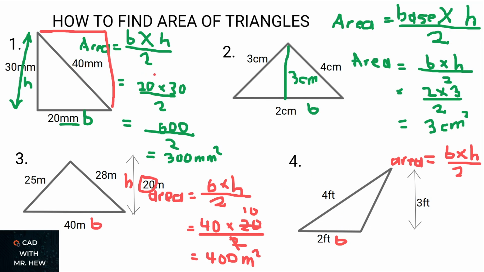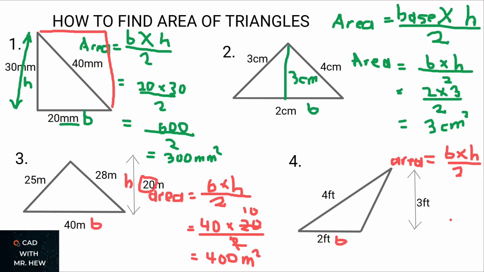Questions 1, 2, and 3 are in metric measurements. The first one is in millimeters, the second one is in centimeters, and the third question is in meters. Well, in number 4, I wanted to show you how to work out the imperial measurement. This measurement is given in feet. FT is the abbreviation for feet.